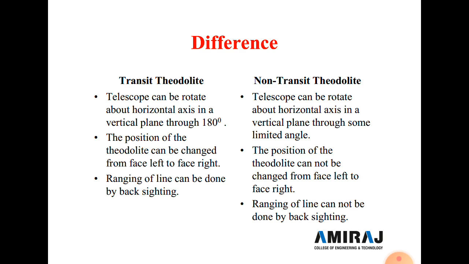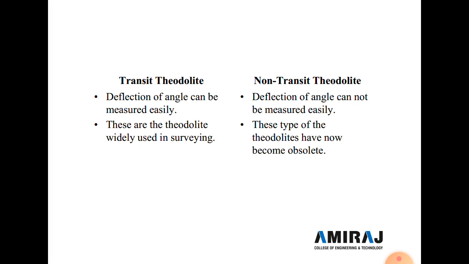Ranging of the line can be done by the backside in a transit theodolite because the telescope is rotated, so we easily bisect the backside area. Ranging of the line cannot be done by backside in a non-transit theodolite because the telescope is not rotated vertically through 360 or 180 degrees.